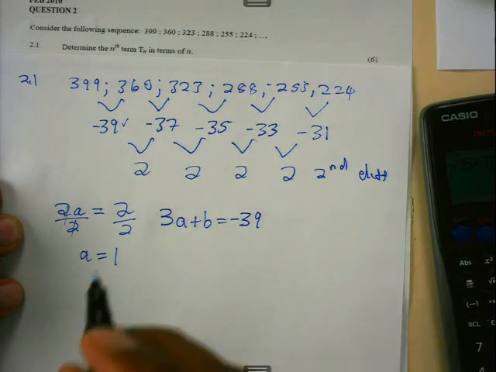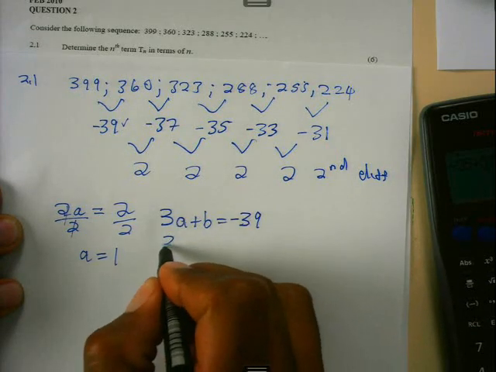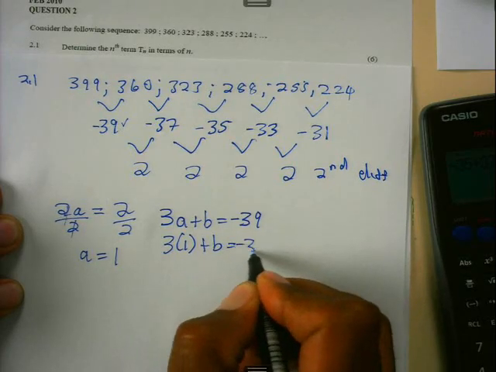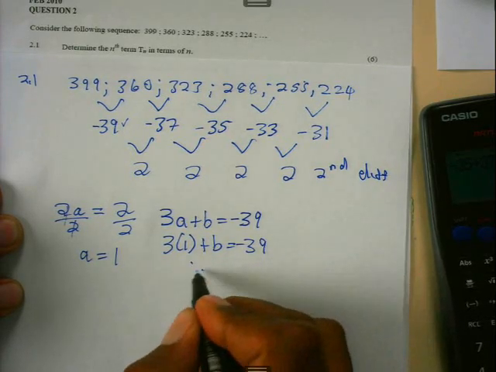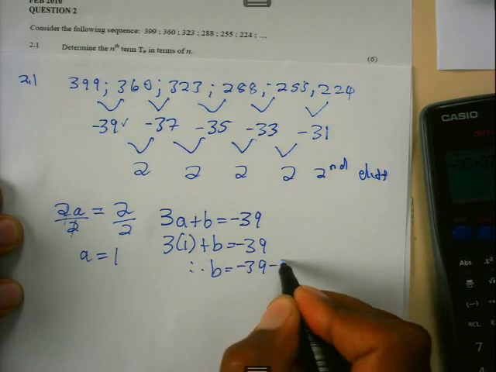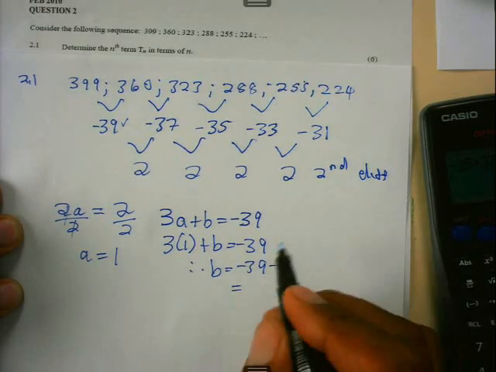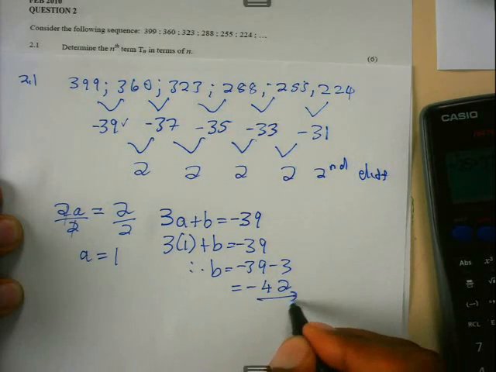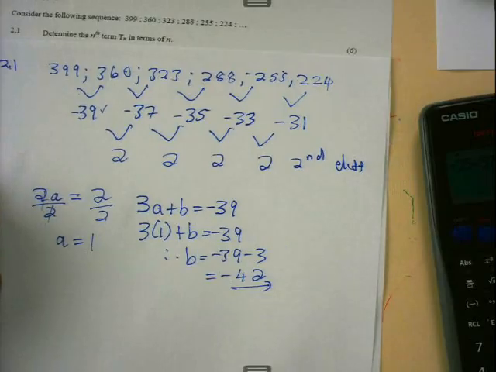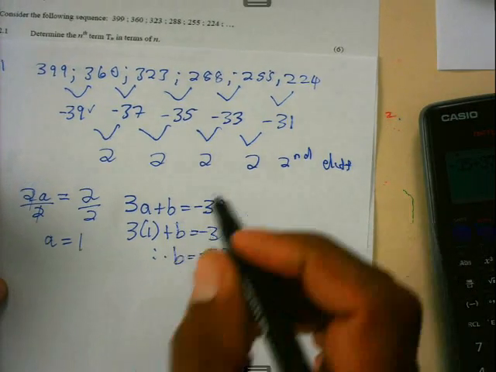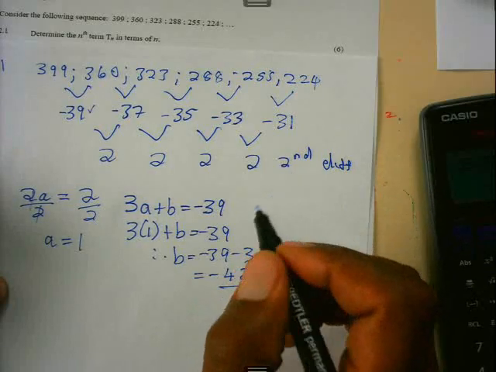Because we know the value of a, we say 3 times 1 plus b equals minus 39. Therefore, b equals minus 39 minus 3. The answer there is minus 42. Therefore, now we know the value of a as well as the value of b. The next one, of course, is to find the value of c.